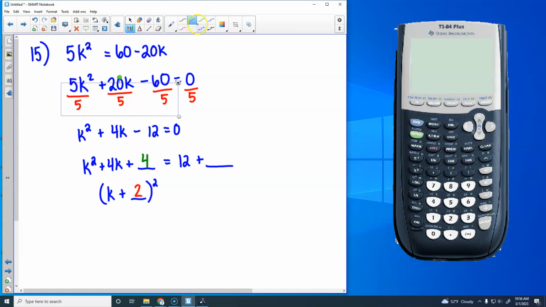So what I did for that is I took this number right here, I divided by 2. That gave me this number. And then I took that number and raised it to the second power. And that went here. I should have done one where it was 4, where you get the same numbers there.